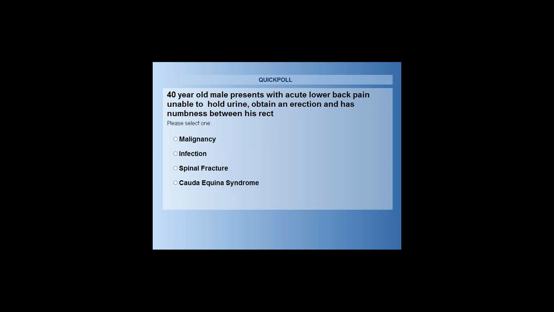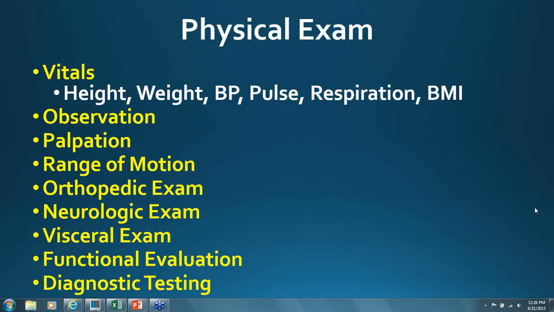Okay, we have 11% say malignancy, 11% say infection, and 78% say cauda equina syndrome.